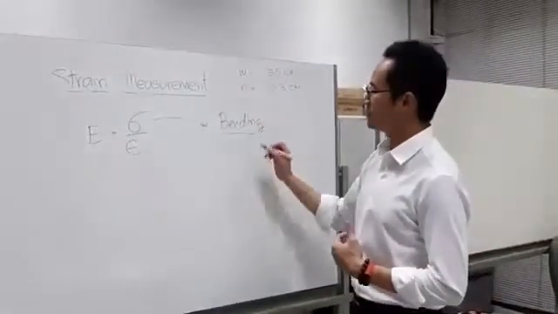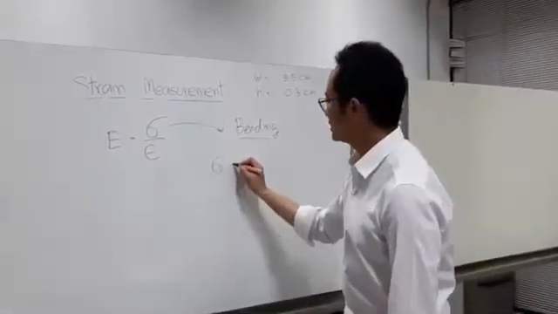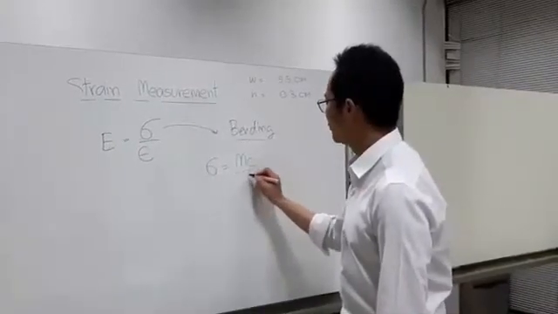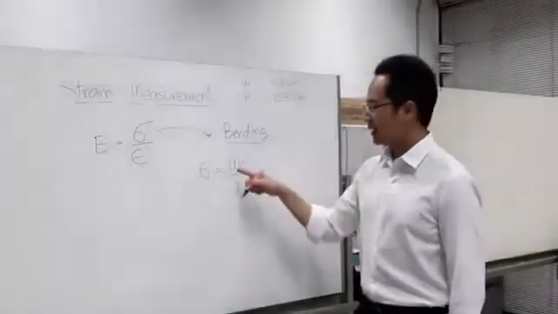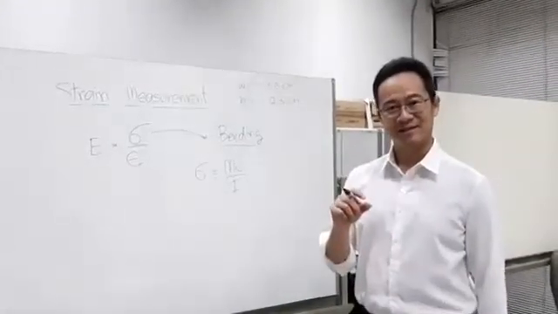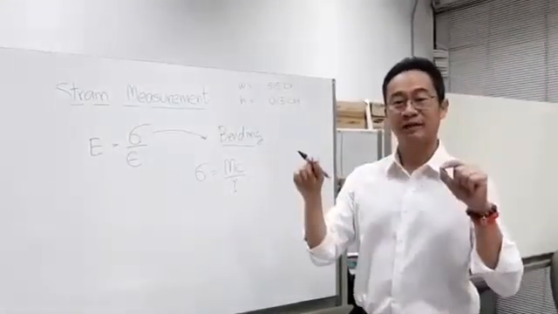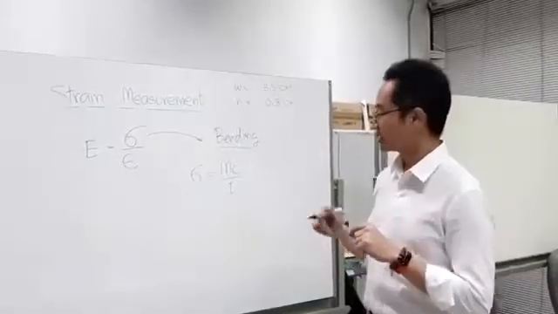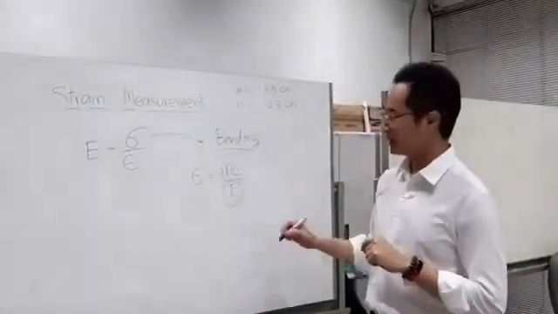If we talk about bending, normal stress equals MC over I. What is it? M is the moment, C is the distance from the neutral line to the point where you find the normal stress, and I is the moment of inertia.